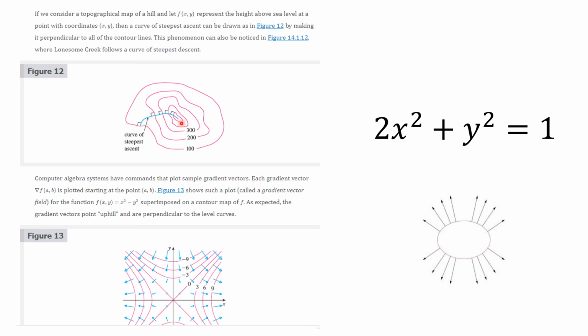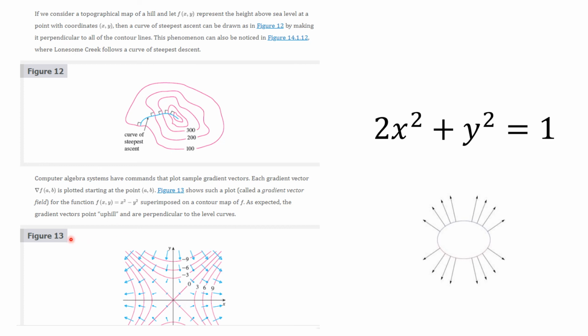Computer algebra systems have commands, many of them do anyway, not all of them, that plot sample gradient vectors. Each gradient vector is plotted at some point, and you can see here's an example. This surface was z equals f of x, y. This is the level curve for that, and this is x squared minus y squared, which means these are hyperbolas of various kinds, and that's a contour map of this for various constants.